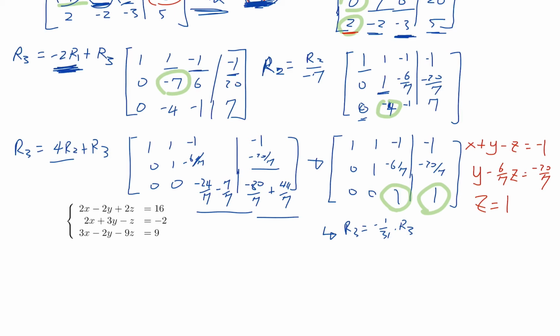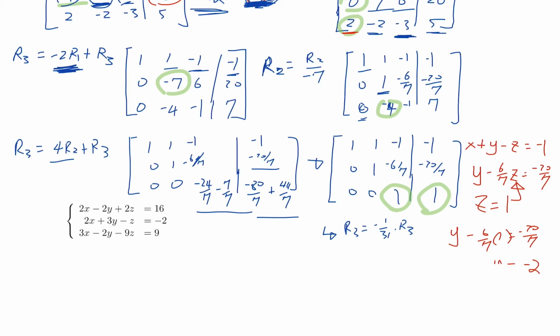Okay, so we can plug 1 here to solve for y. Then y will be, this is 1. Then if you solve for y, y will be negative 2. Oh, let me double check.